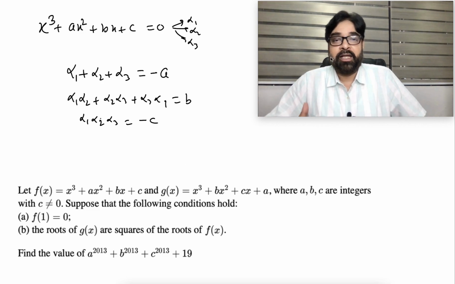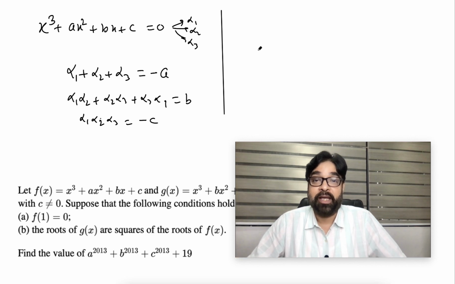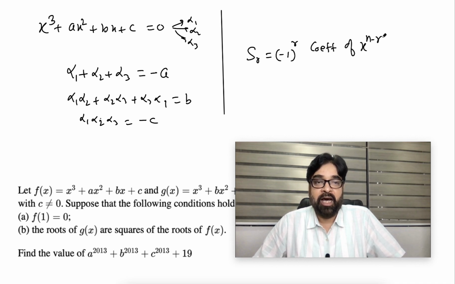The general formula is also there. Since I am discussing problems, I cannot discuss every general formula. Those who have gone through the Hall and Knight book and attended my lecture must know it. Minus 1 power r, coefficient of x power n minus r divided by coefficient of x power n.